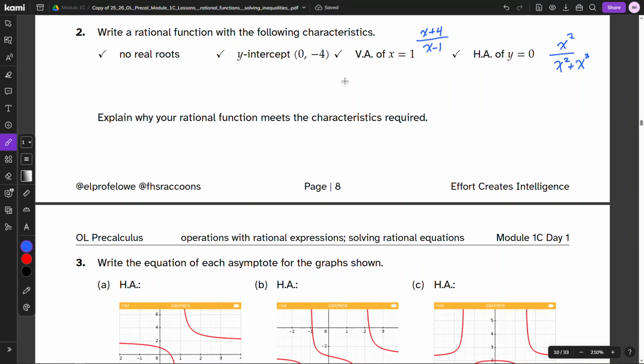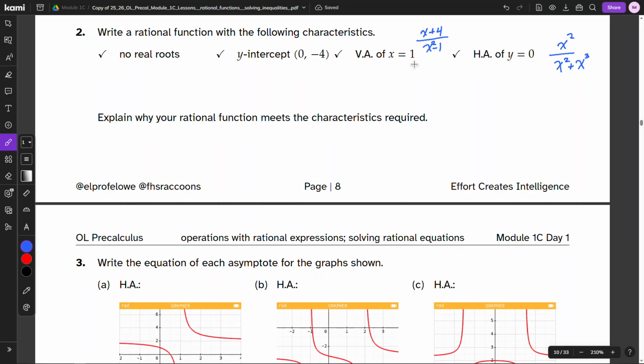Okay, but notice that if that was the case, I would not meet my horizontal asymptote of y equals 0. And y equals 0 is the horizontal asymptote, which means that maybe it would need to have a higher power over here, x squared minus 1.